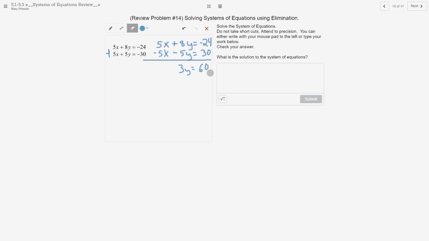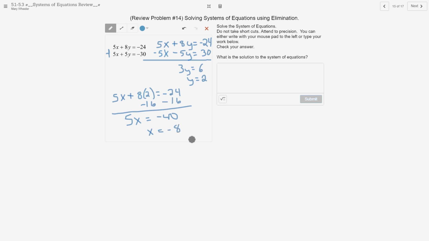What did I write? 6, divide by 3, and you get y equals 2. Plug it back into the top. 5x plus 8 times 2 equals negative 24. That's 16, so I'm just going to subtract 16. And I get 5x equals negative 40. Divide by 5. I get negative 8. So my solution is negative 8, 2.